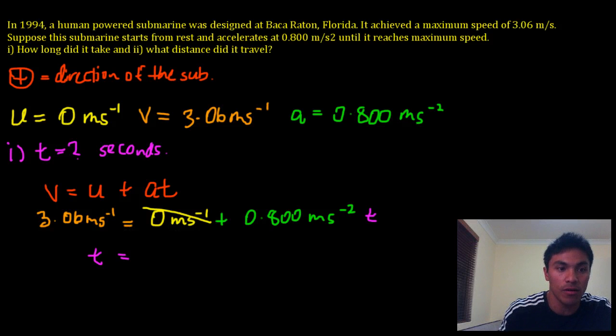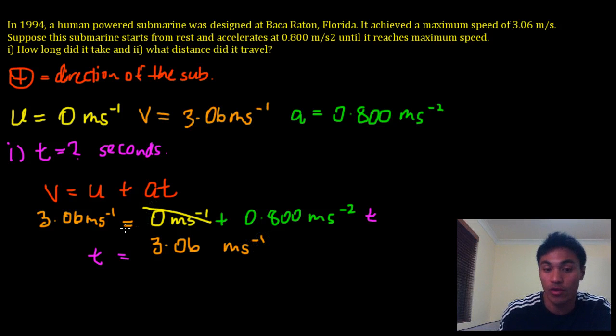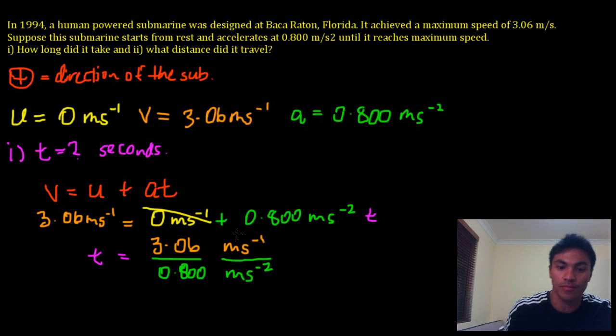So to get time, it's 3.06 divided by our acceleration, 0.800, with the units.